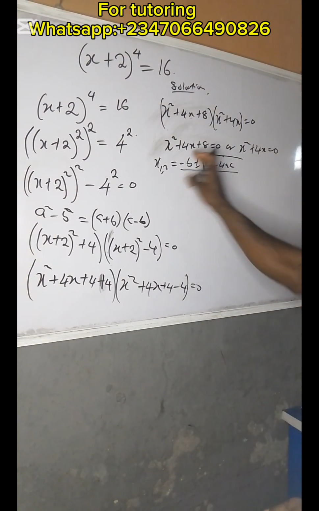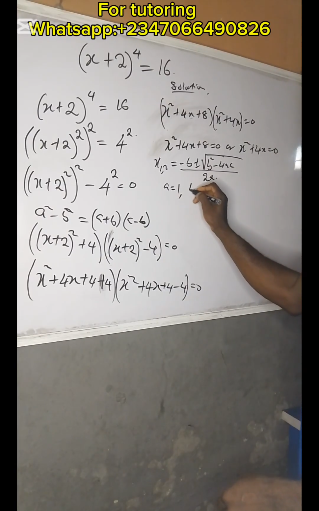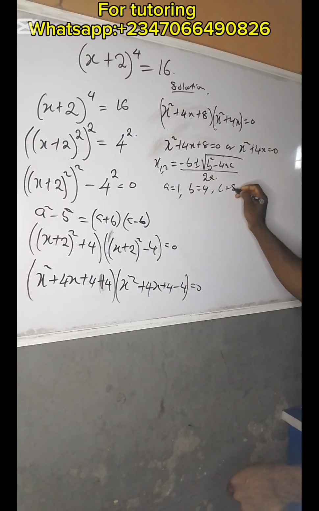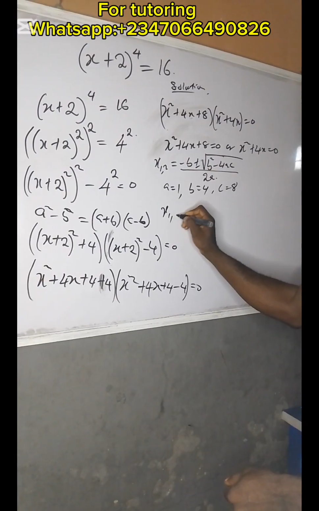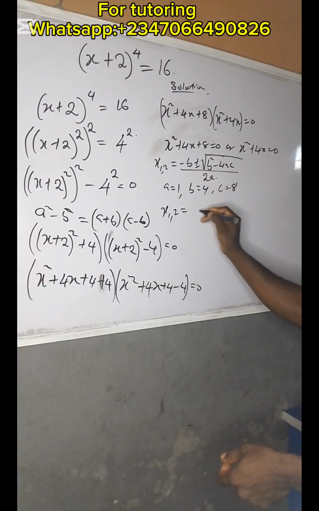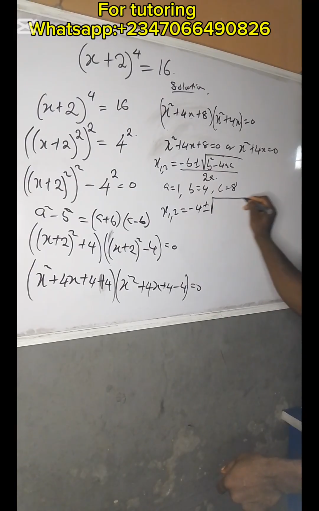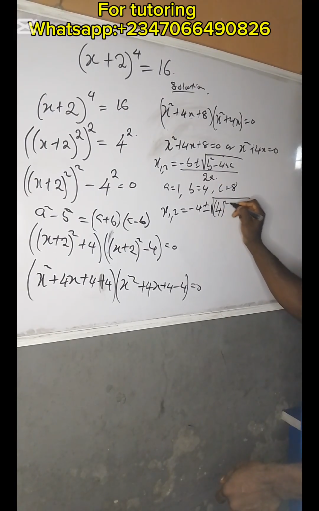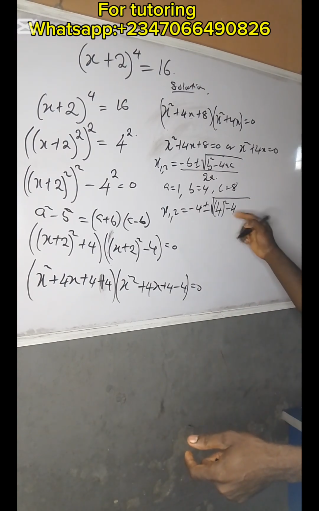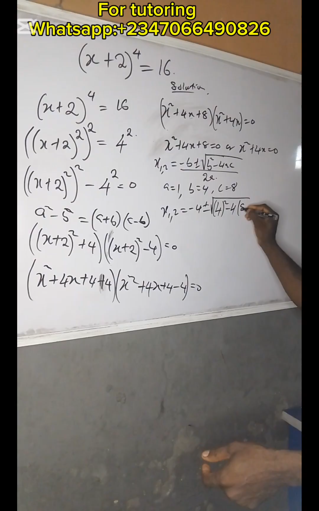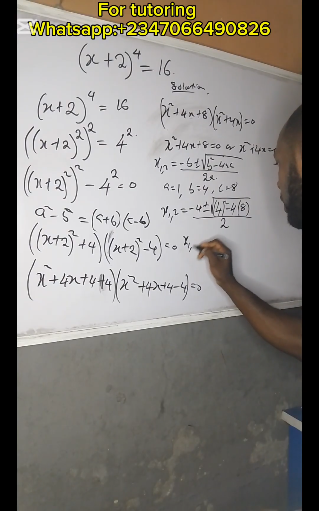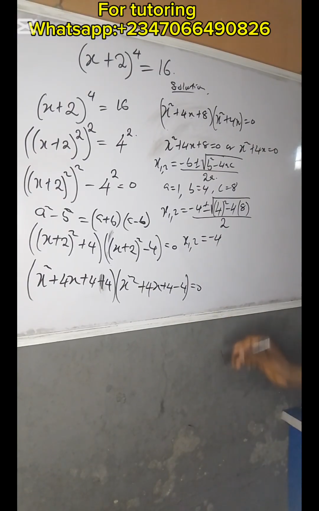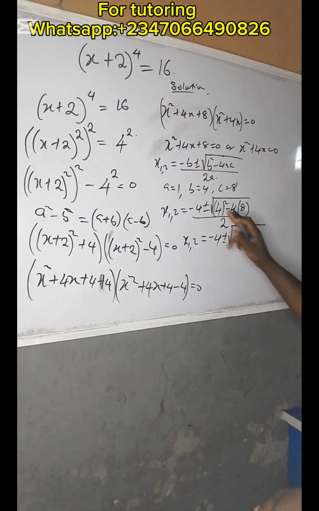Here a equals 1, b equals 4, and c equals 8. So x1, x2 equals minus 4 plus or minus the root of 4 squared minus 4 times 1 times 8, which is 32, all over 2 times 1, which is 2.